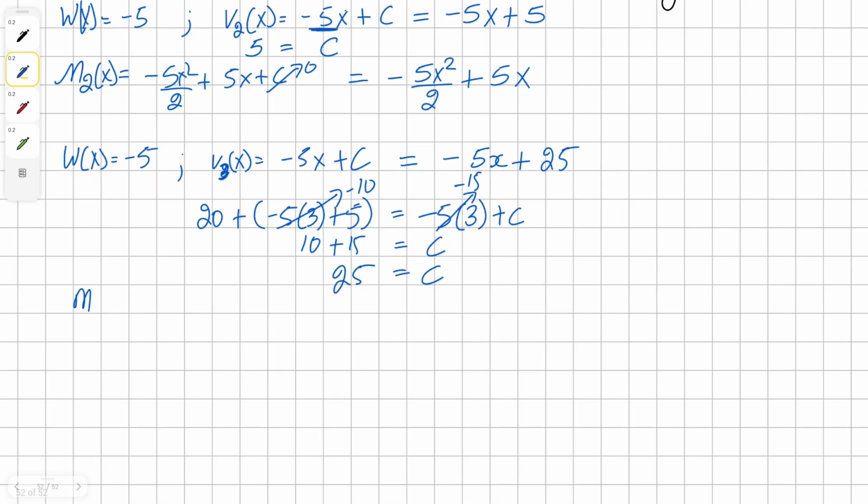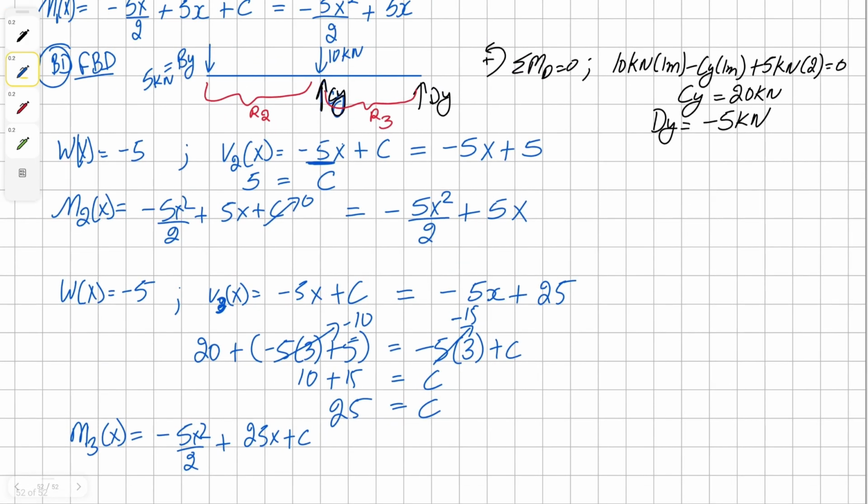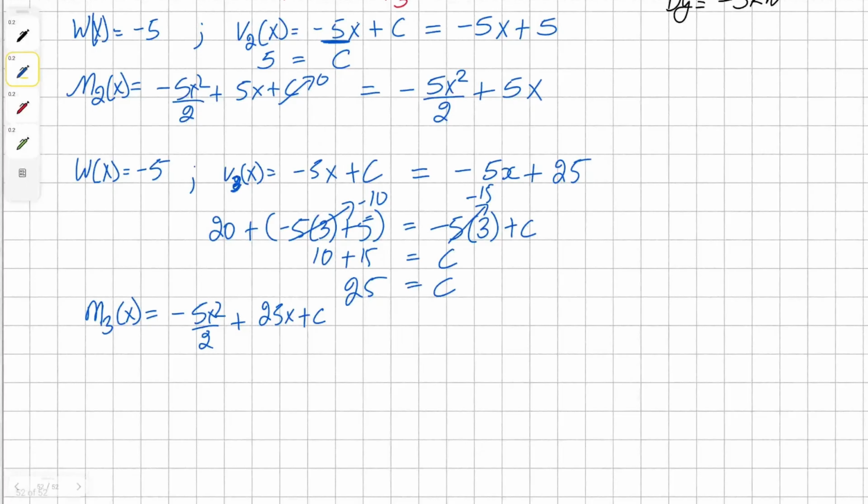So our moment equation is simply the integral of the shear. So we have negative 5x squared divided by 2 plus 25x plus the constant. And for our moment, let's use our equation for moment 2. I'm going to write it here so that I save some space.